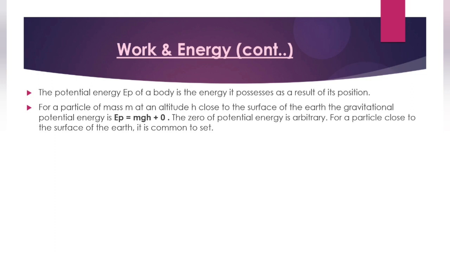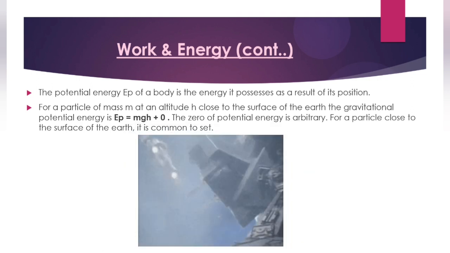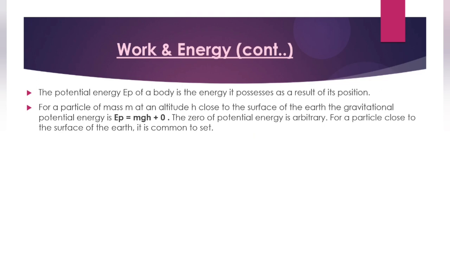For a particle of mass m at an altitude h close to the surface of the earth, the gravitational potential energy is Ep = mgh + 0, where g is the acceleration of free fall. g depends on location, but its standard value is close to 9.81 m s⁻². The zero of potential energy is arbitrary.